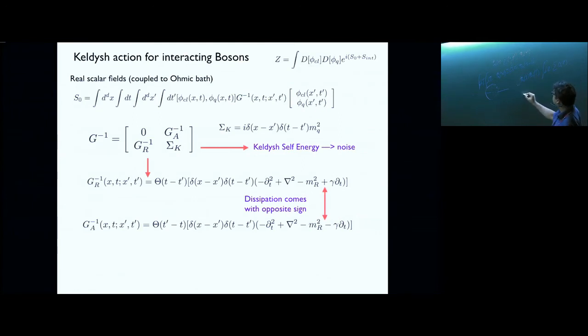But then there'll be terms like phi quantum times del t of phi classical t, minus phi classical t. This is how the structure comes out. This will be multiplied by something like d tau, sigma t tau, tau d tau. Things like that. So basically, this will look like a friction dissipation term.